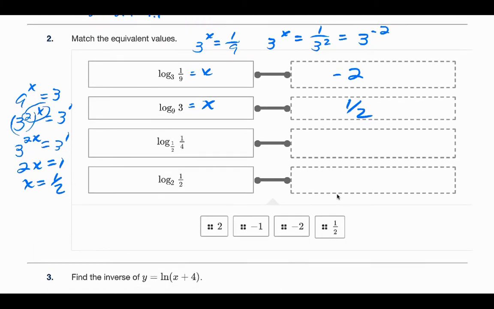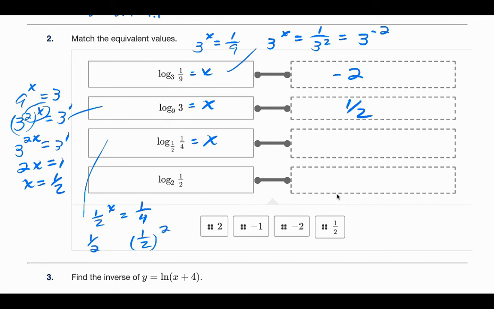All right, let's go ahead and do this other one. Again, you can choose whichever one you want to do first, and sometimes one might look easier than the other. On this one here, we're going to say 1/2 raised to the x power is equal to 1/4. Remember, I can write 1/4 as 1/2 quantity squared.